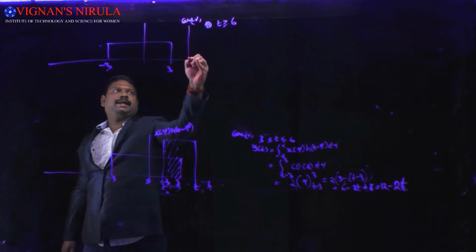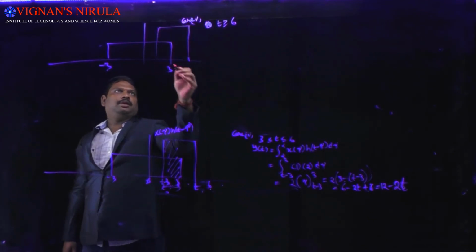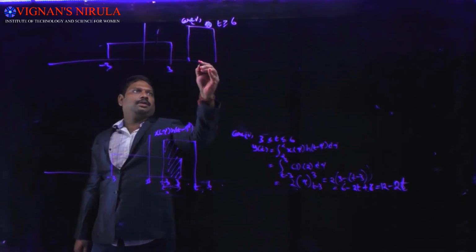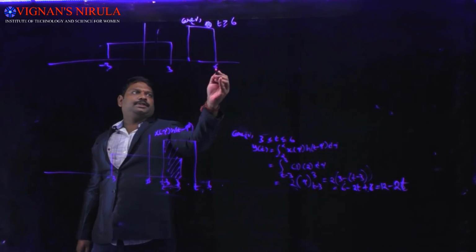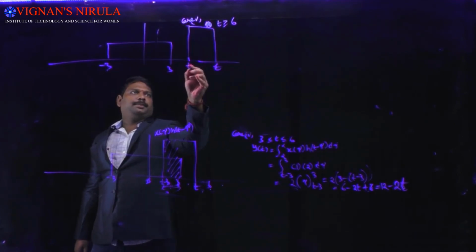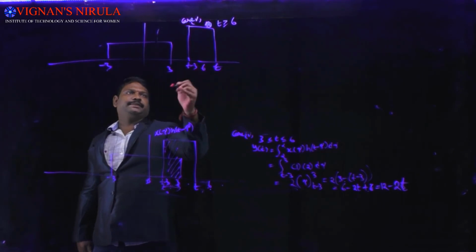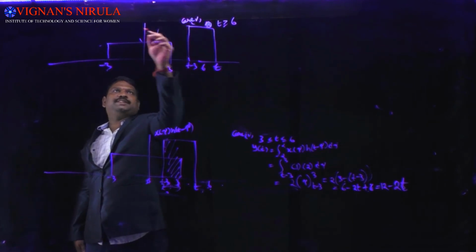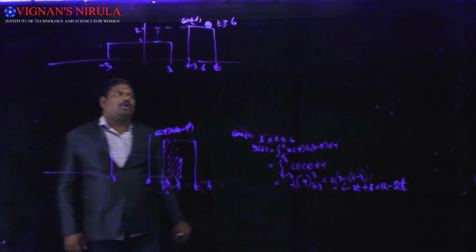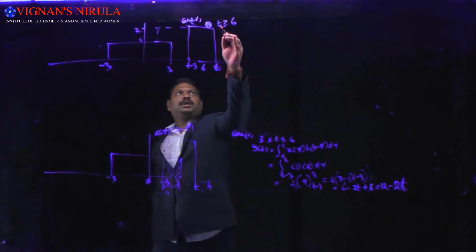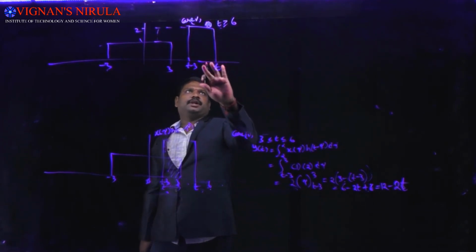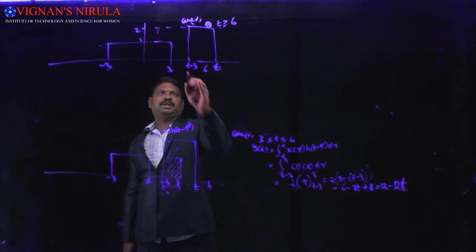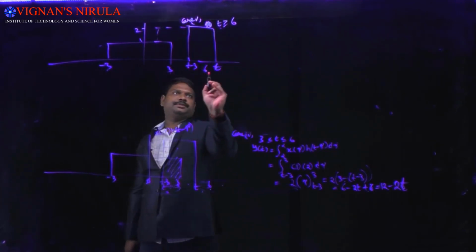And the second signal will be like this. This is t minus 3. This is greater than 6. This amplitude is 1, this amplitude is 2. We'll observe that as t will be greater than 6, then obviously t minus 3 will be between 3 to 6.